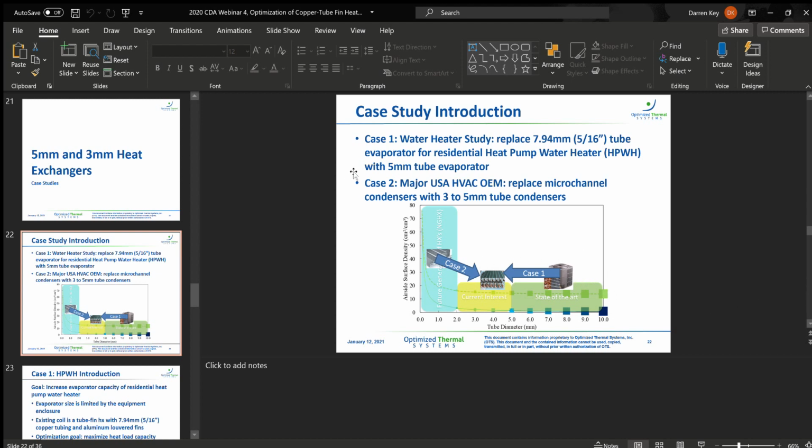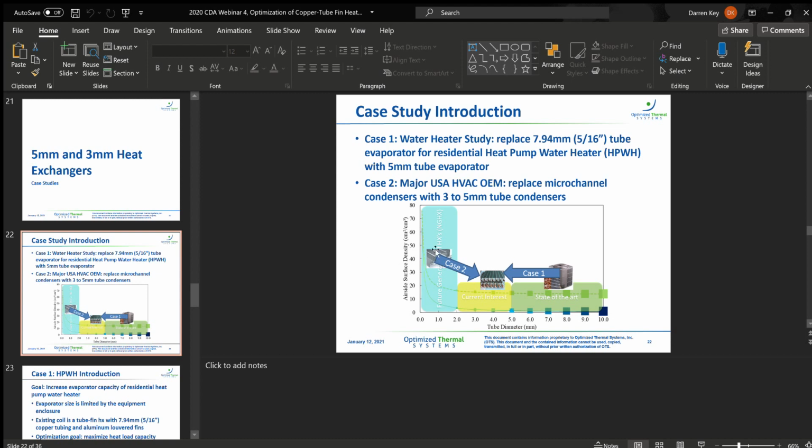So that'll be case 1, and then we'll also take a look at case 2, in which an HVAC OEM wanted to replace microchannel condensers with something in the 3 to 5 millimeter tube range. The reason we're going to do this case study is this is kind of going in the opposite direction as what would be more typical, I guess.